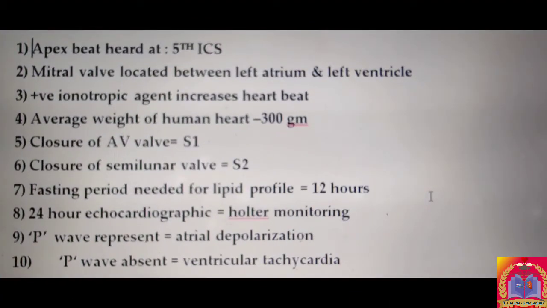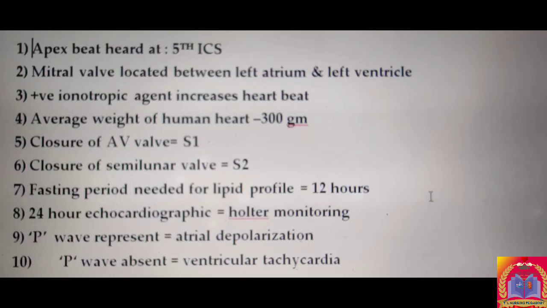Friends, so far we discussed the 10 points related to the cardiovascular system. They are: point number 1, apex beat heard at the fifth intercostal space. Point 2, mitral valve located between left atrium and left ventricle. Point number 3, positive inotropic agent increases heartbeat. Point number 4, average weight of human heart is 300 gram. Point number 5, closure of atrioventricular valve is S1 heart sound.